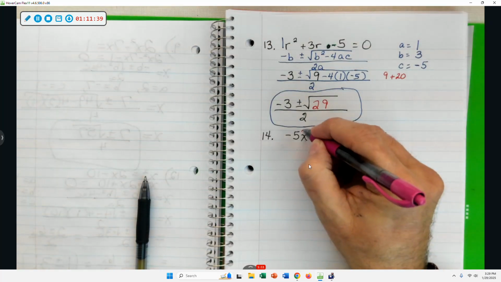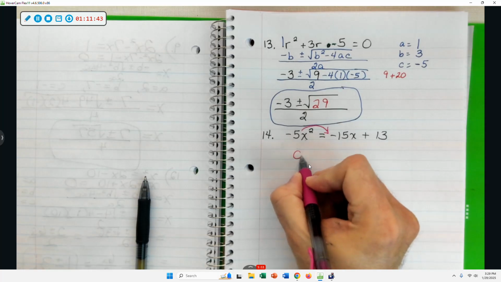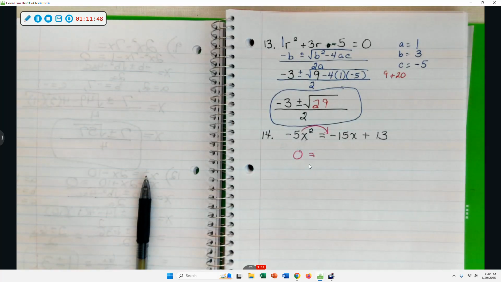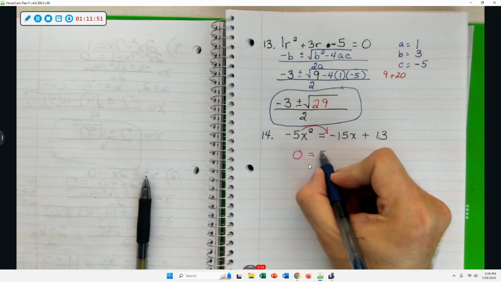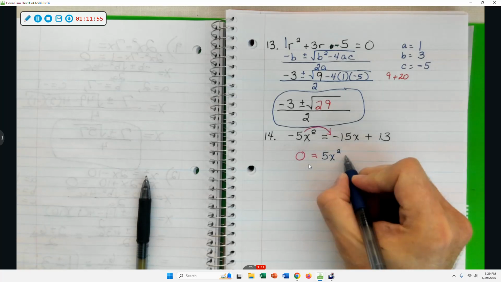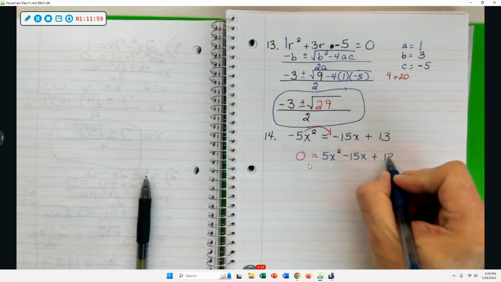I'm going to move this over here so that I have 0 on the left and a positive 5x squared on the right. Then we still have the minus 15x and the plus 13.